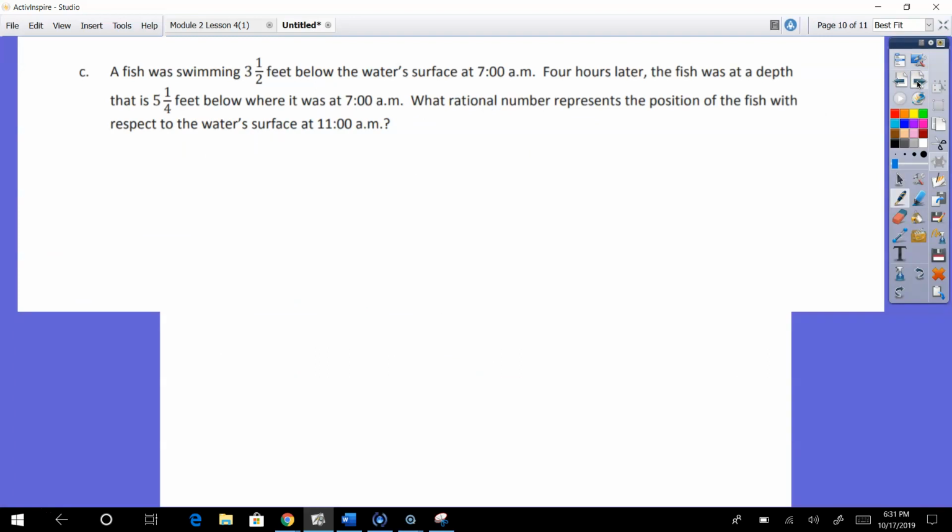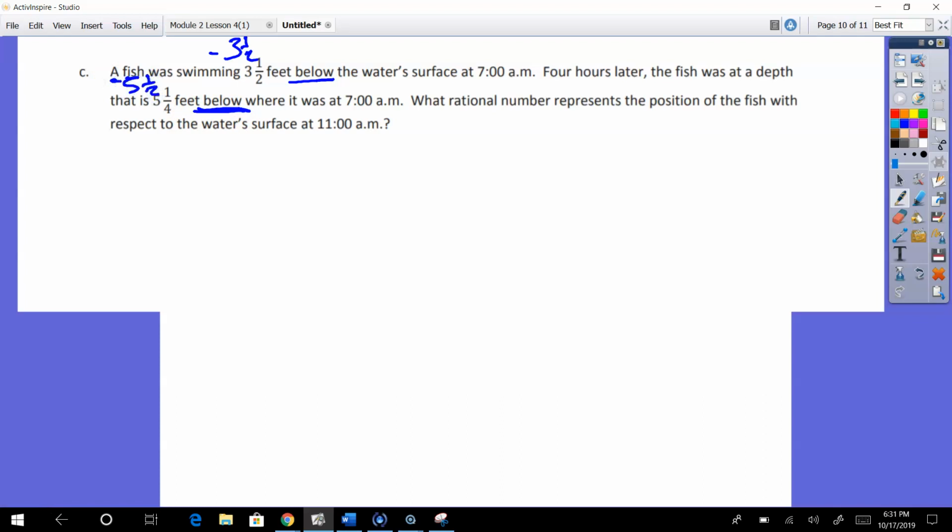And finally, part C, a fish was swimming 3.5 feet below, so this is a negative 3.5 feet at 7 a.m. 4 hours later, the fish was at a depth that is 5 1/4 feet below, so negative 5 1/4.